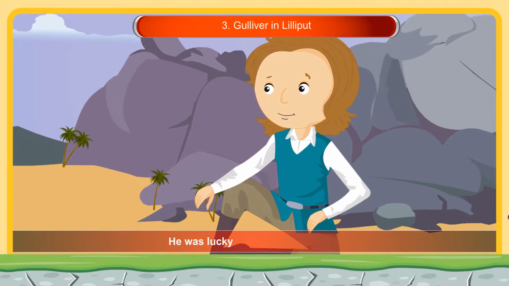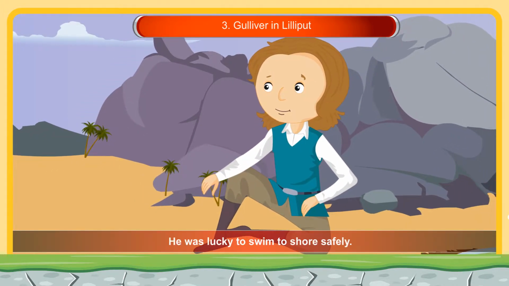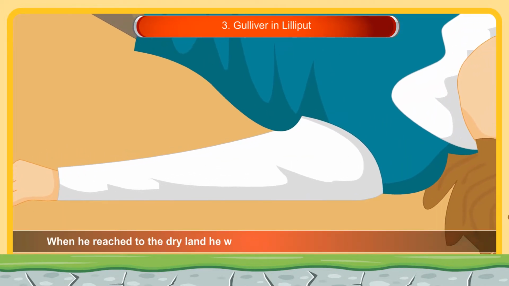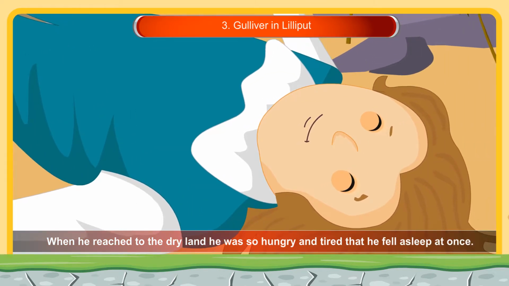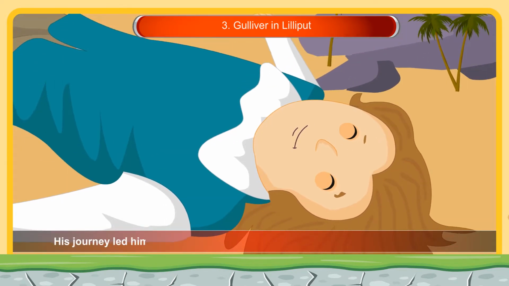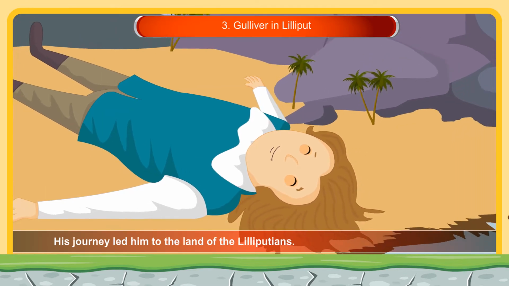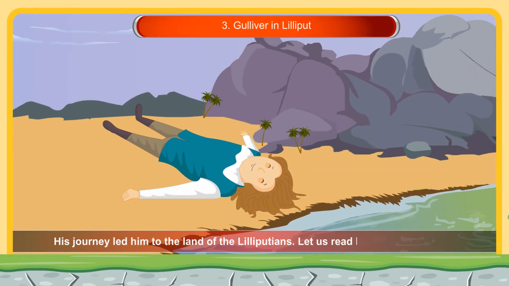He was lucky to swim to shore safely. When he reached dry land, he was so hungry and tired that he fell asleep at once. His journey led him to the land of the Lilliputians. Let us read how Gulliver felt there.